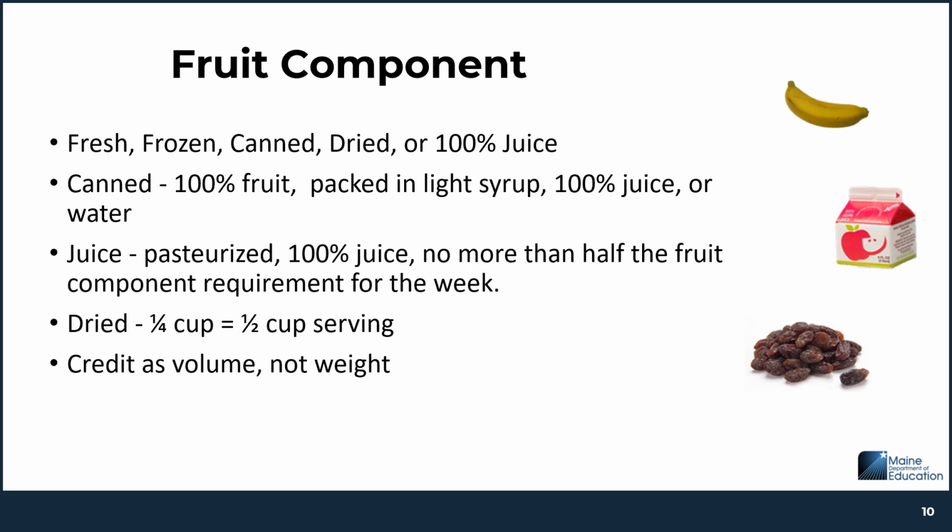When offering juice, it must be pasteurized, be 100% juice, and over the course of the week, no more than half of the fruit component requirement can come from the form of juice. When offering dried fruit, a 1/4 cup equals a 1/2 cup serving. And as I already mentioned, fruit is credited as volume and not weight.